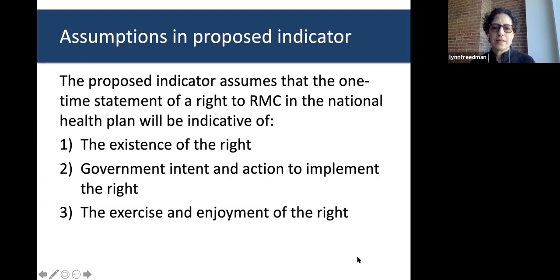When we look at this indicator, though, there are a number of assumptions built into what a one-time statement of this right in the national plan would be doing.